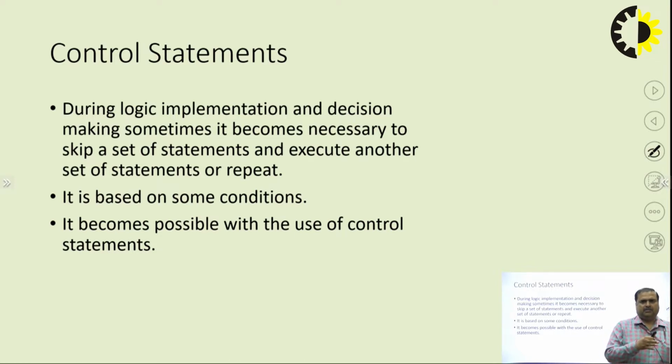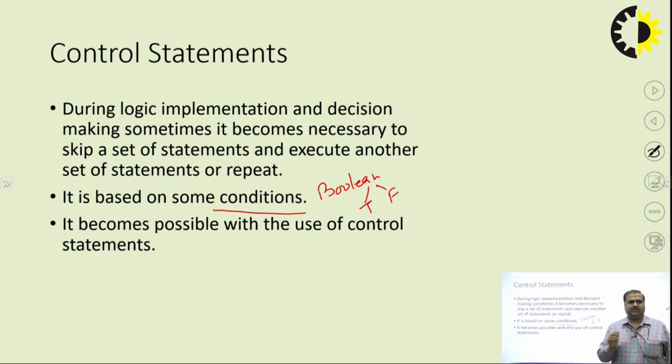One path may be taken if the condition is true, another path if the condition is false. So it is generally based on some Boolean conditions. Boolean means either true or false.